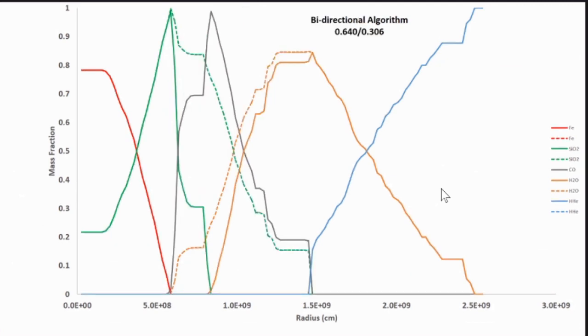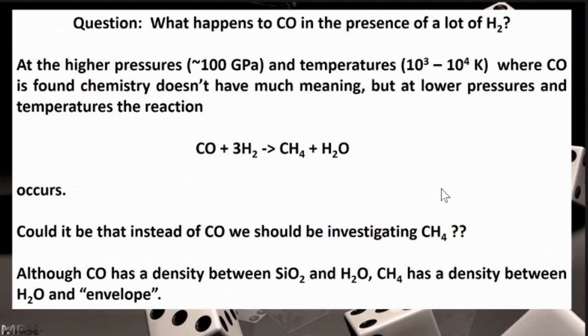And that's the bidirectional algorithm. But then you think about it some more. You say, wait a minute. Suppose I look at the chemistry. I admit that if you're talking about megabar pressures, 100 gigapascal, and thousands of degrees, chemistry doesn't mean anything. So I agree.